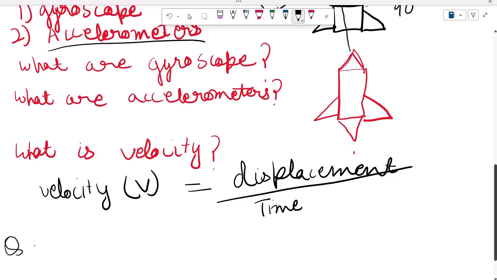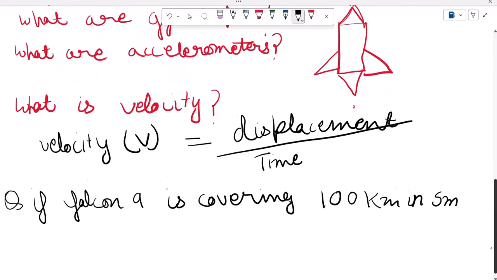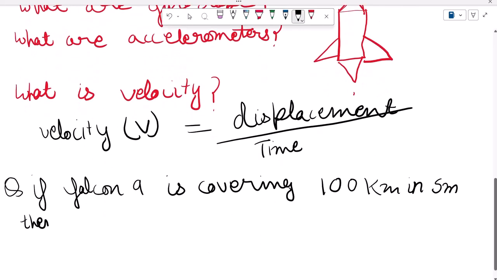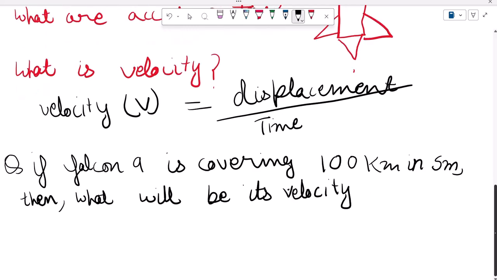If Falcon 9 is covering 100 kilometers in 5 minutes, then what will be its velocity?